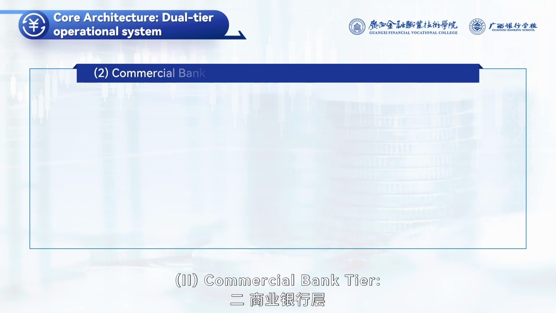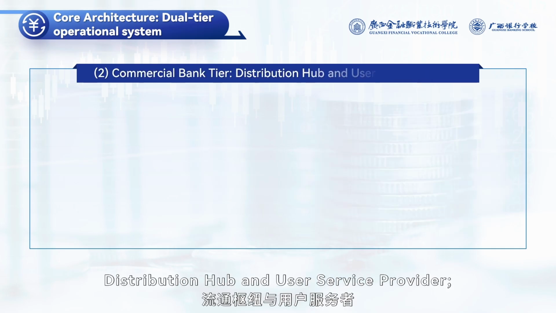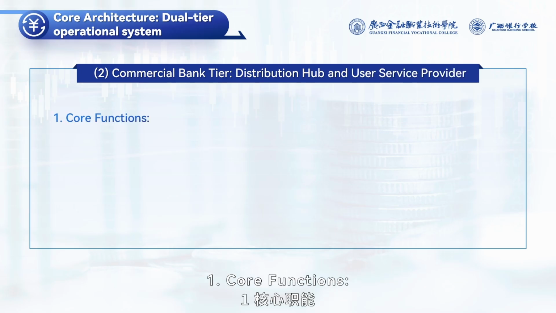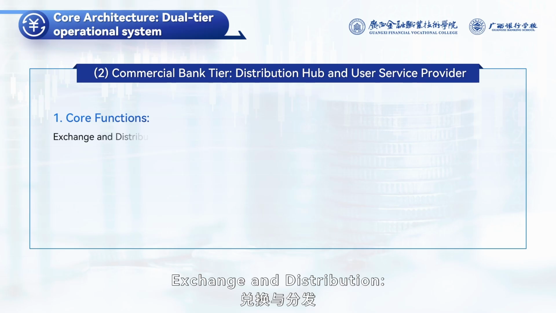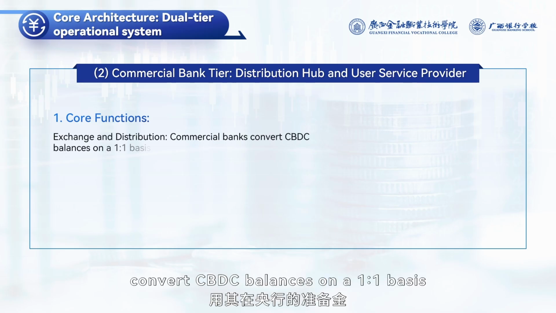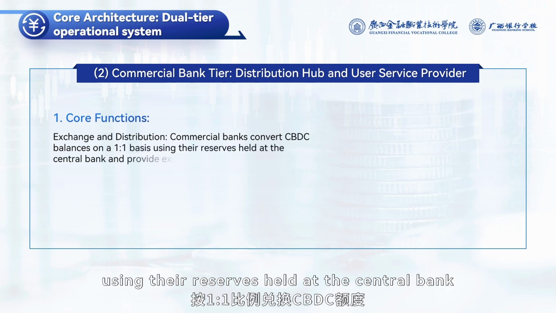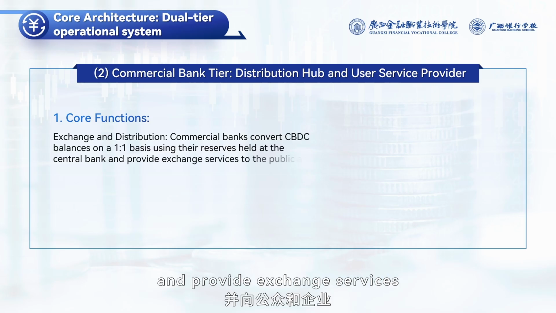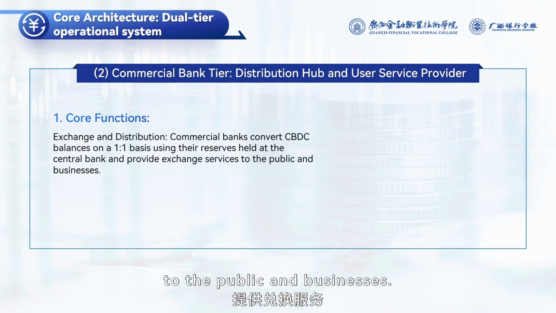2. Commercial bank tier, distribution hub, and user service provider. Core functions: exchange and distribution. Commercial banks convert CBDC balances on a one-to-one basis, using their reserves held at the central bank, and provide exchange services to the public and businesses.